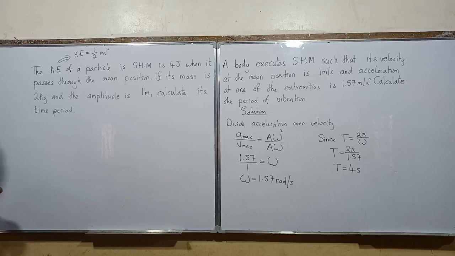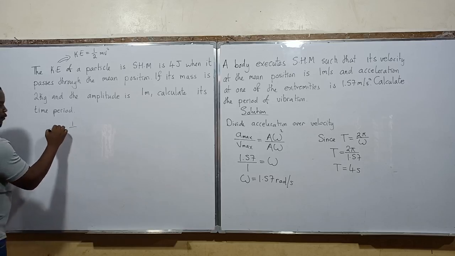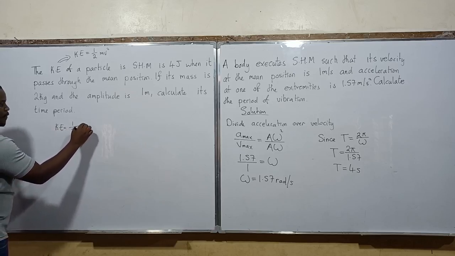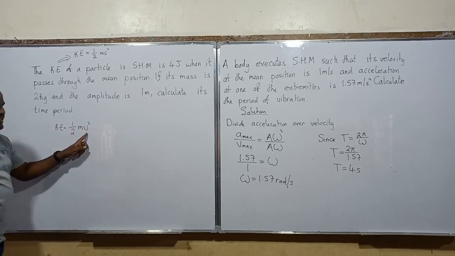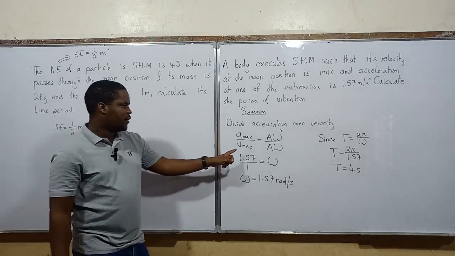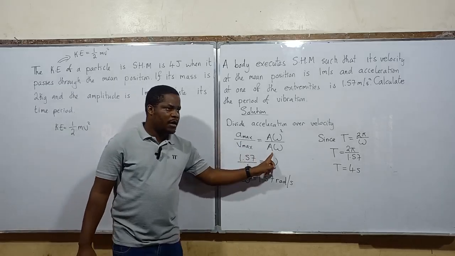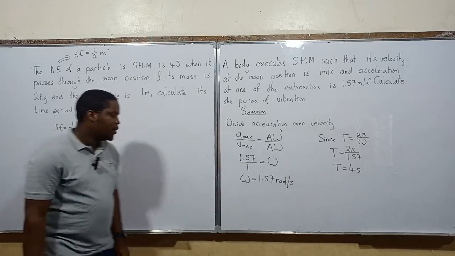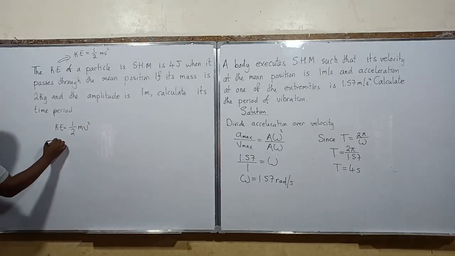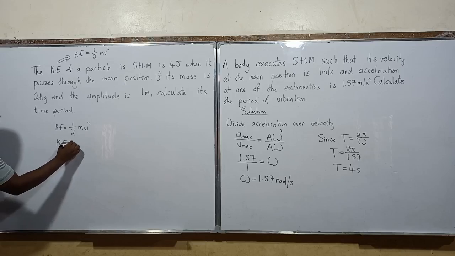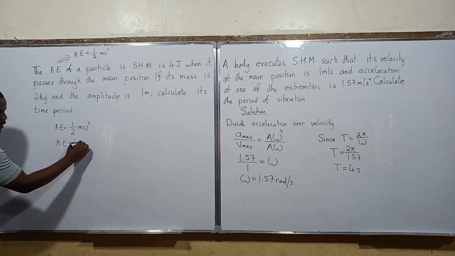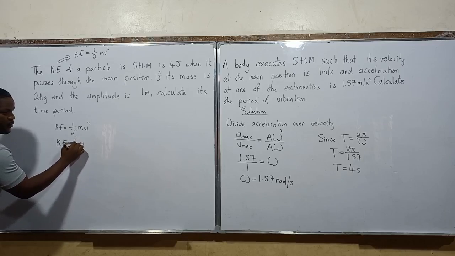That's where we'll start from. Now, we have the formula for velocity: velocity is equal to amplitude times omega. So KE is equal to half the mass, where there's velocity, we substitute with what?